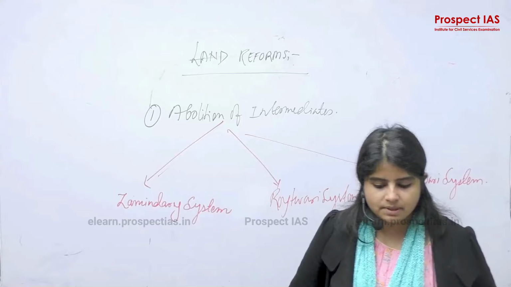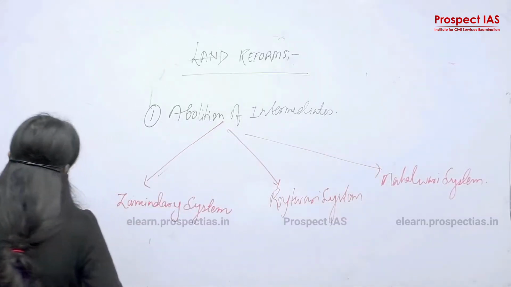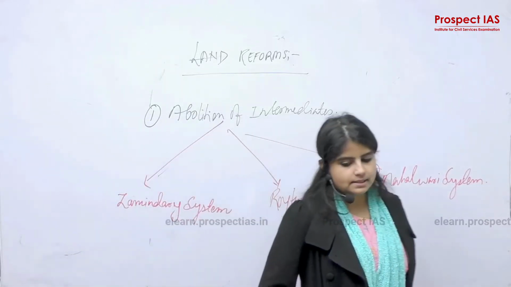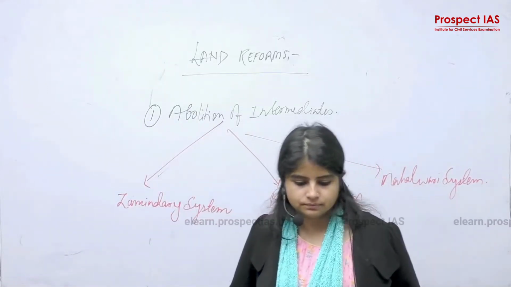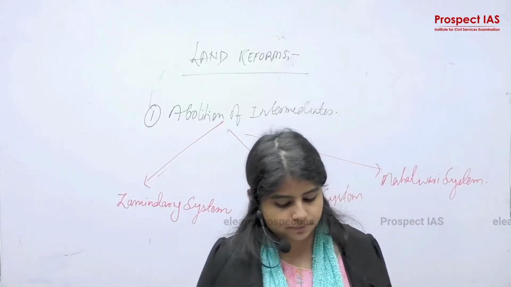Raiyatwari land settlement was introduced in Madras. The Raiyatwari land system was introduced in Madras in 1972 by Captain Munro.